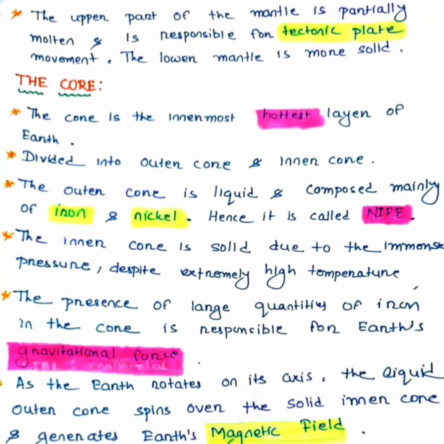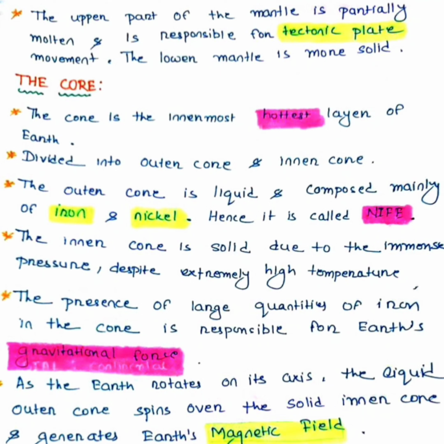Then comes the core, which is the innermost layer of the Earth, and the core is the hottest layer of the Earth, and it is also divided into two parts. One is the outer core, second one is the inner core. The outer core is liquid, and it is composed of iron and nickel, and that's why it is called the Nife.